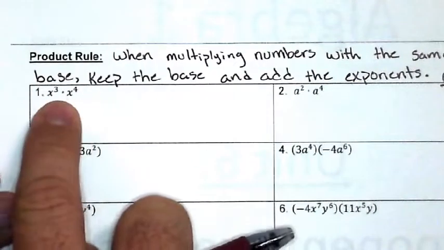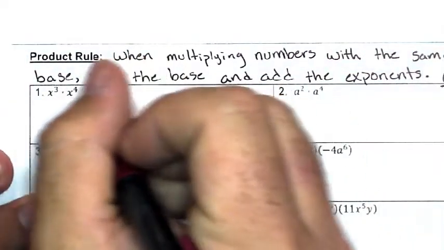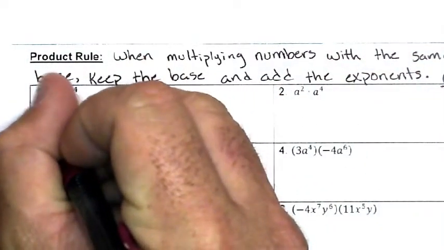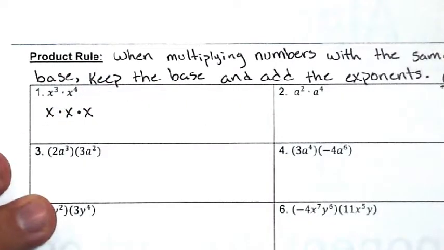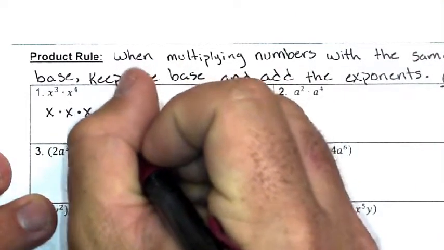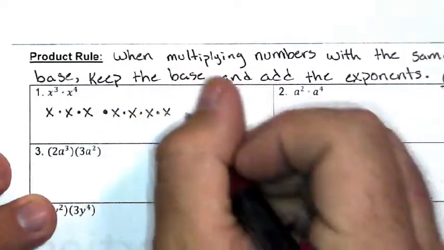First example here. X to the power of 3. Now, x to the power of 3 can also be written like this: x times x times x. X to the power of 4 can be written as x times x times x times x.